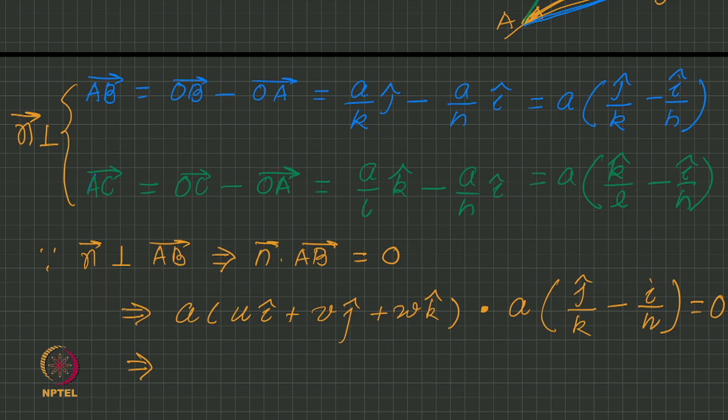The plane normal is perpendicular to all the vectors in the plane, so the plane normal is perpendicular to the vector AB.